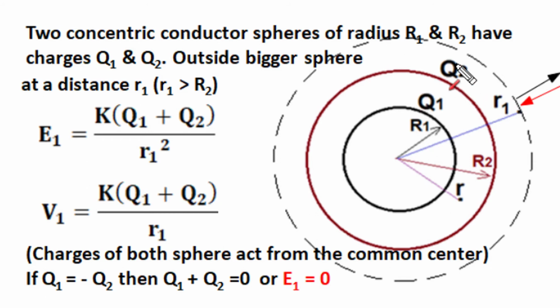So when the sum of these two charges is 0, both spheres get equal and opposite charges, then the resultant electric field at all external positions becomes 0, and in that zero electric field, if we move a unit positive charge anywhere in this space or over the surface of this outer sphere at r2 distance, the amount of work done will become 0. So potential either on the surface of the outer sphere or external to it is 0 if q1 plus q2 is 0 in this case.